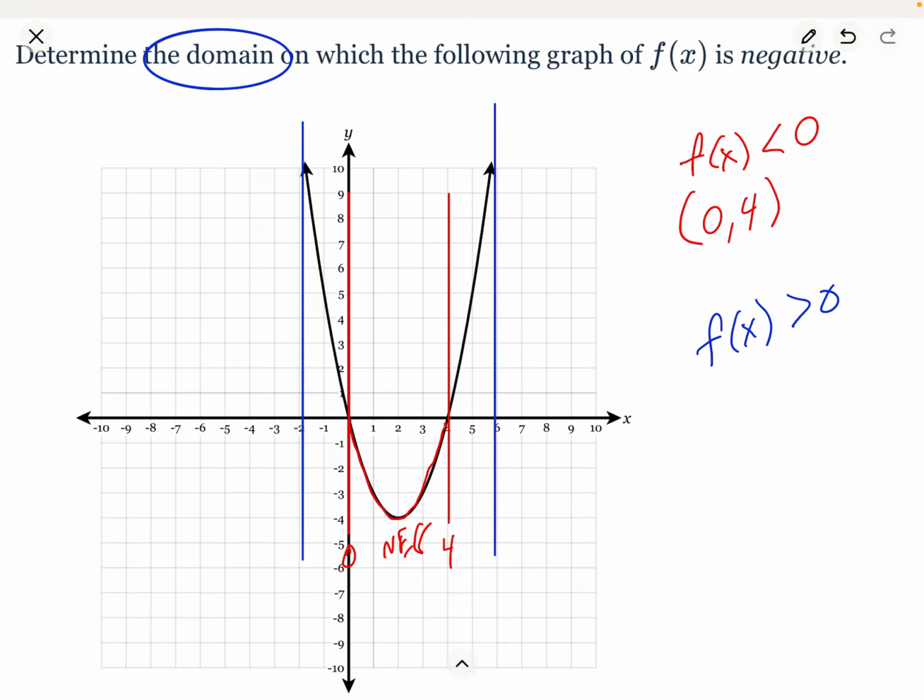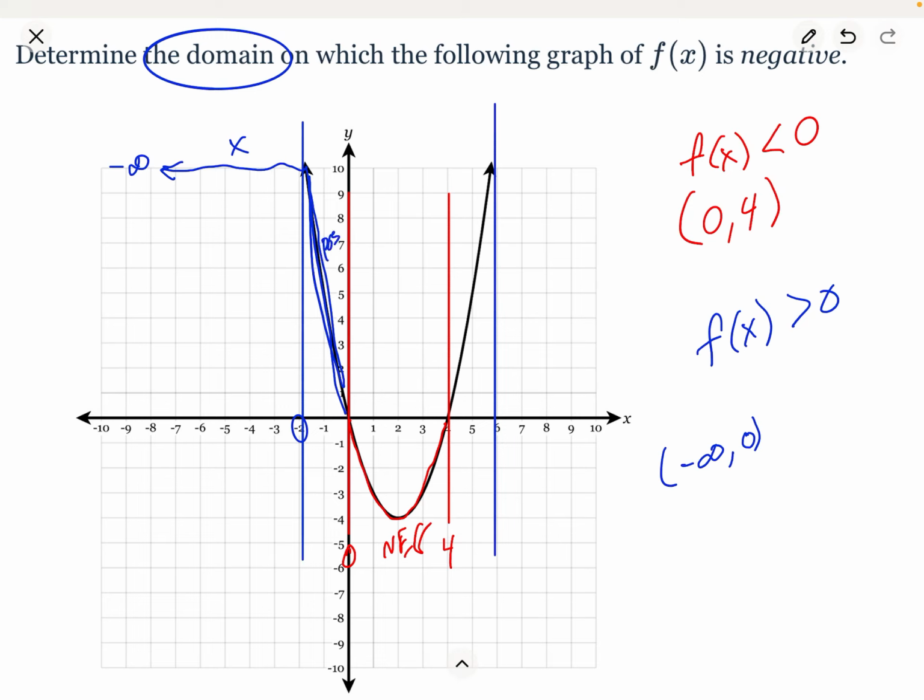Please do not say, oh, from negative 2 over to 0, it's positive. That's not true. Remember, when you have an arrow, that means it's going out to negative infinity in the x direction. So actually, we would say from negative infinity to 0, this part is positive because it's above the x-axis.